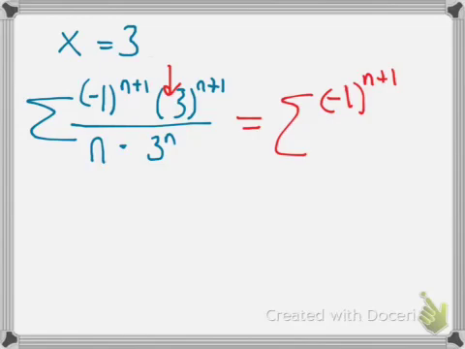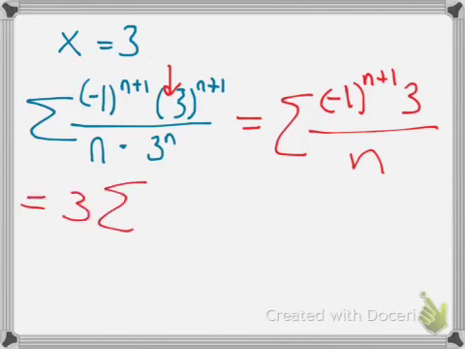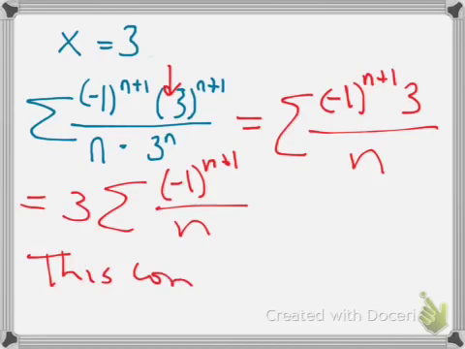And we know most of the 3's are going to cancel, so this is going to be 3 over n that's left. We could factor out that 3 again and get 3 times the sum of -1 to the n plus 1 over n. And this is the alternating harmonic series. And so we could say this converges by the alternating series test.